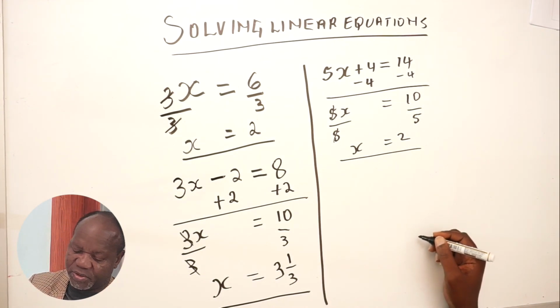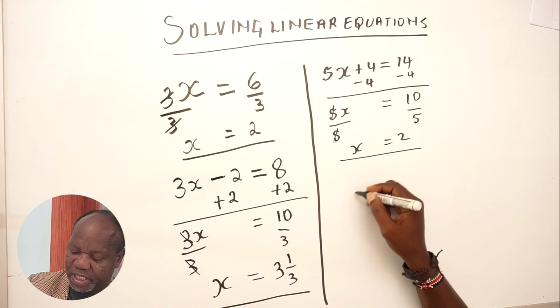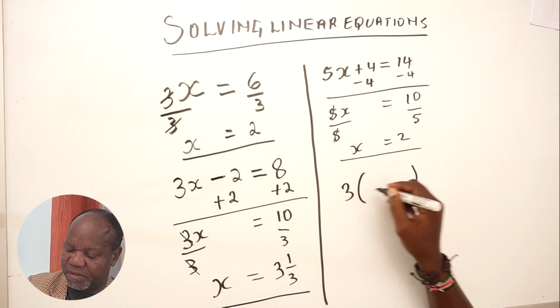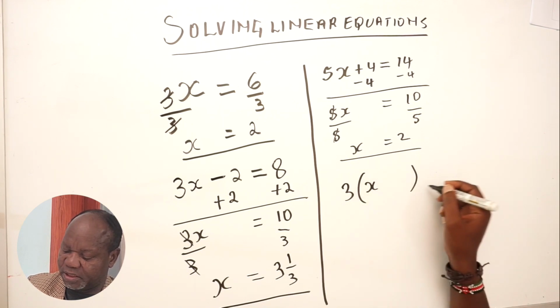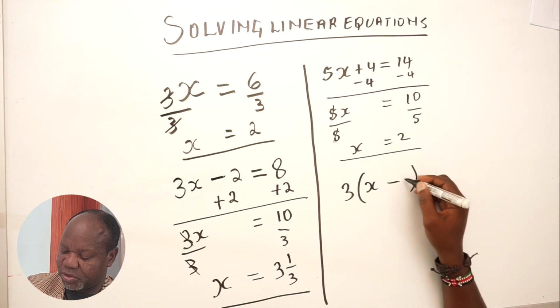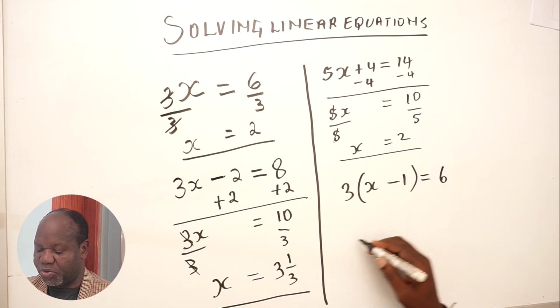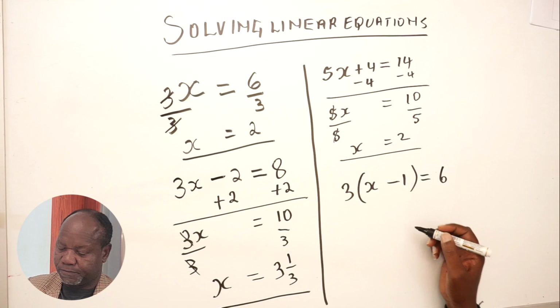There are times when you can have equations in brackets. So you maybe have a 3, you've got your x, you've got your minus 1, equal to 6. You have to open the brackets first.